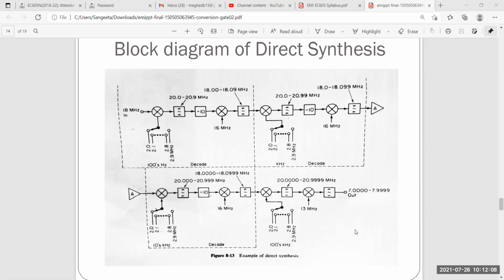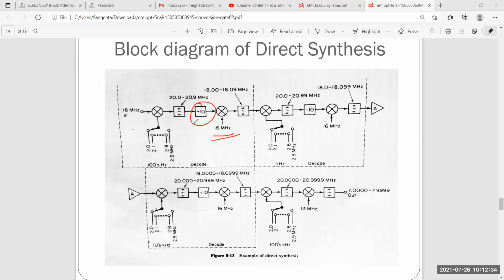So in every decade frequency is changing, but you see the source frequency is constant, that is 18 megahertz. After that it is dividing by 10. You can see here, in the picture it is shown how it is getting divided by 10. Then they are mixing with 16 megahertz frequency and so on.